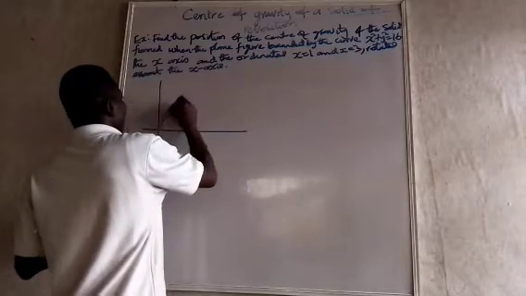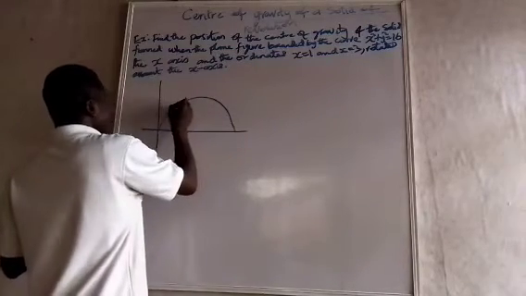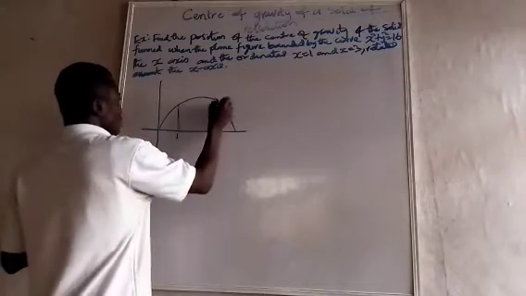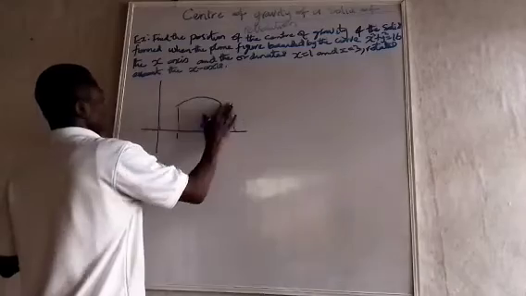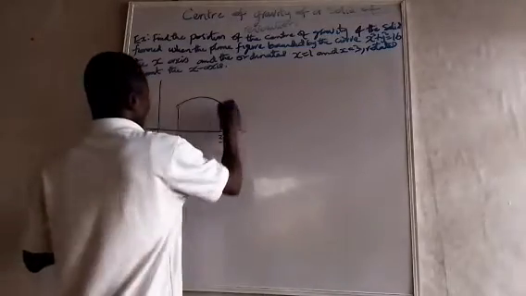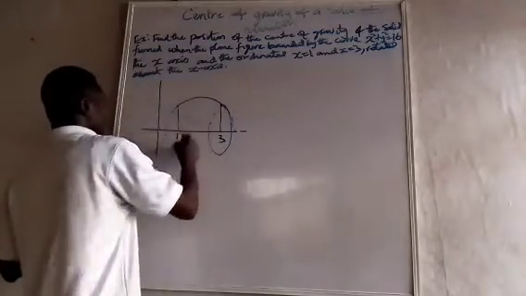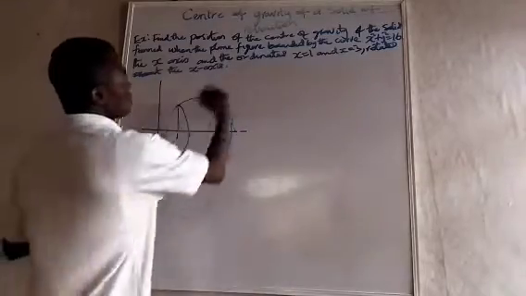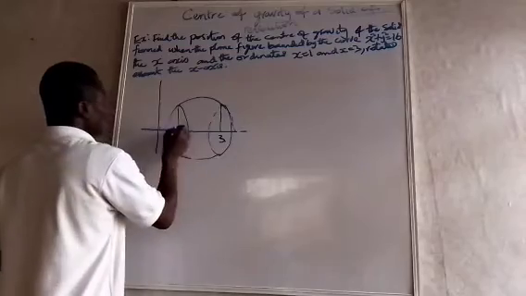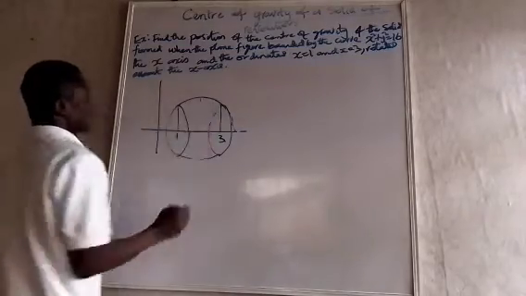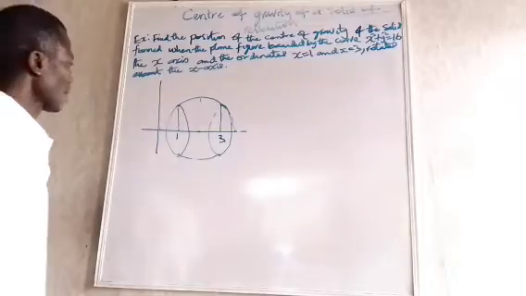This is 1 and this is 3. This shape is now rotated about the x-axis, and we are asked to find the center of gravity.